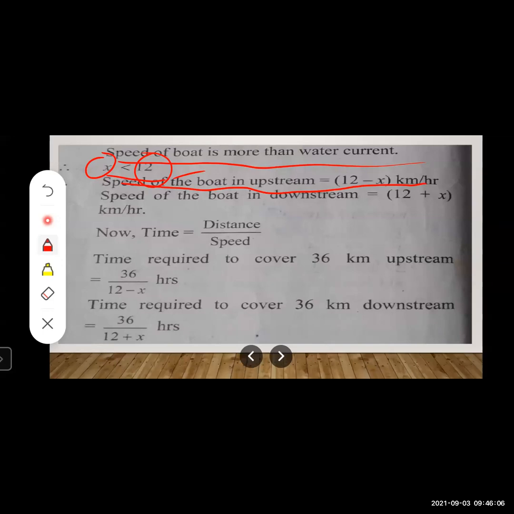What is 12? 12 is the speed of the boat. And what is x? The speed of the water current. While going up, the speed of the boat will decrease, and that's why we are subtracting x from 12.